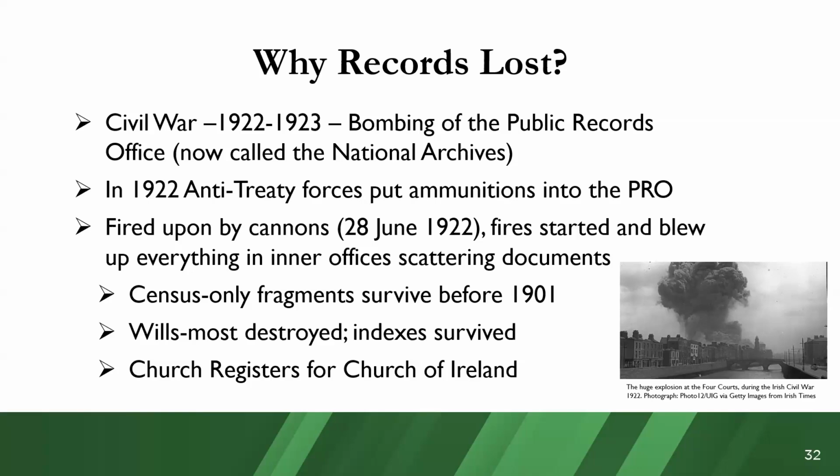And the anti-treaty forces took over what they called the Four Courts building, which housed the Public Record Office, as well as the courts. They loaded ammunition in the building, and the English told the provisional Irish government that we need to stop the Civil War, or we're going to come back in and stop it for you. Well, Michael Collins, who was head of the provisionary government at the time, decided he did not want the English back.